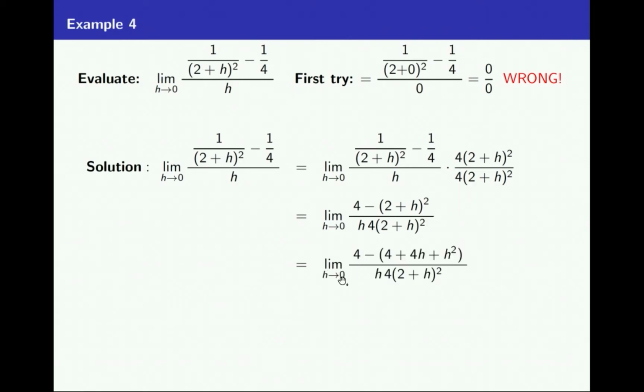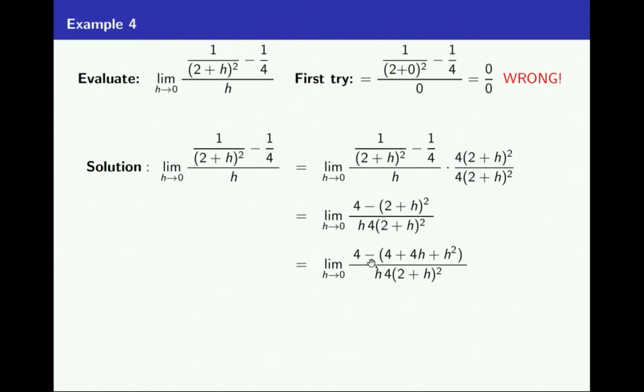We may have to FOIL out the 2 plus h squared first. So we get the limit as h goes to 0 of 4 minus 4 plus 4h plus h squared when we FOIL this out, divided by the same denominator we had above. And now let's distribute this negative into the parentheses, and you get a 4 minus a 4.